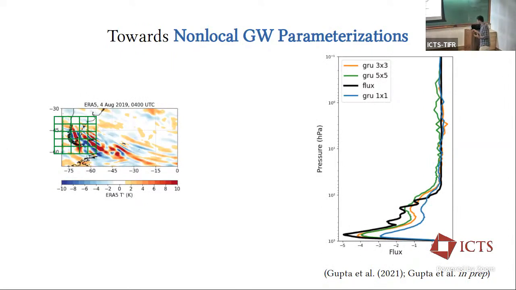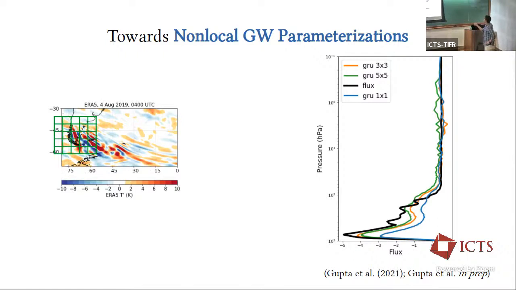And then when we do that, I show the standardized flux here, averaged over some time period, and the black curve here shows the actual flux that should be generated. This was derived from ERA5. So this is the truth. And then if you just take data over a single point, just one column, the flux you get is shown in blue here, which is much weaker than the flux shown in the black curve, right?